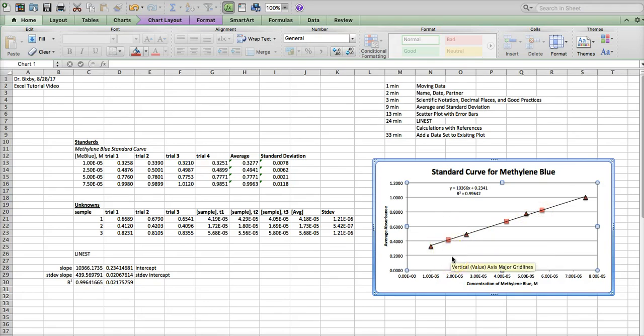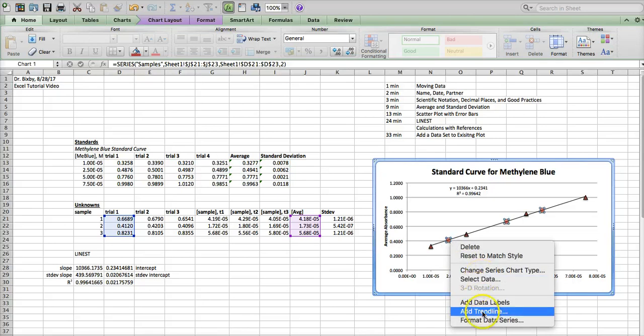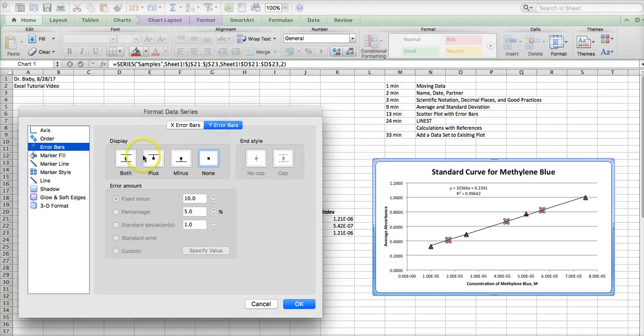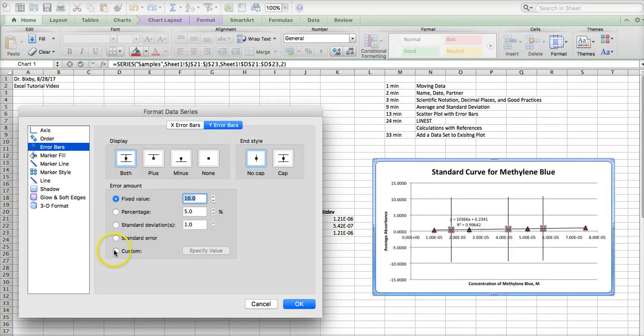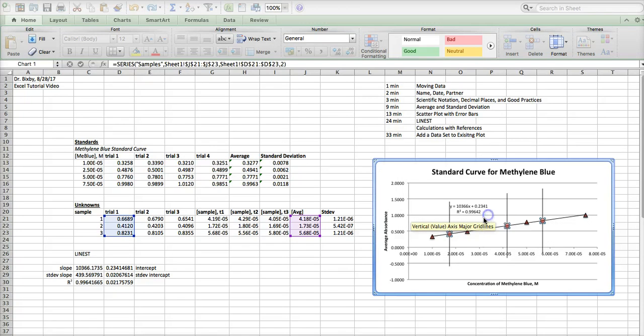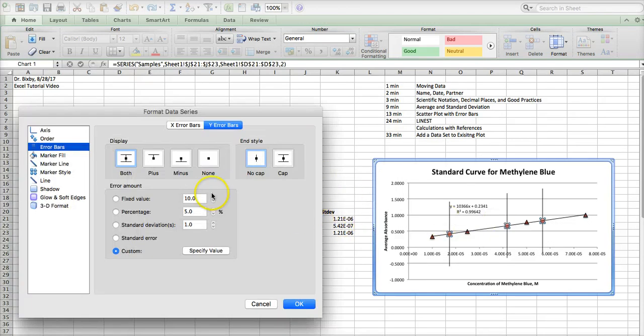I can add a standard deviation if I like. Let's see. Format data series. Error bars. I want Y error bars. Okay, I'm going to go to custom and specify my own values. These error bars that I have are X error bars, right?